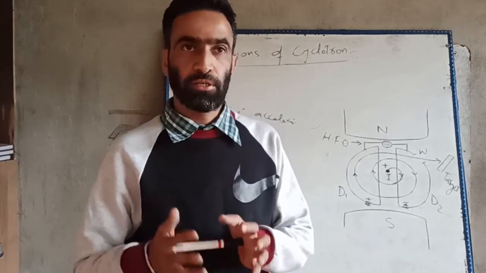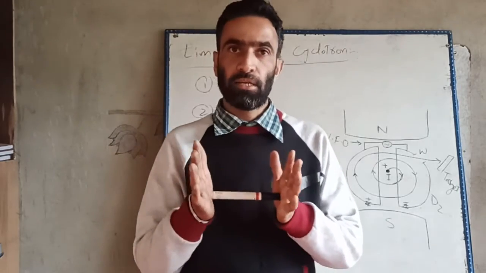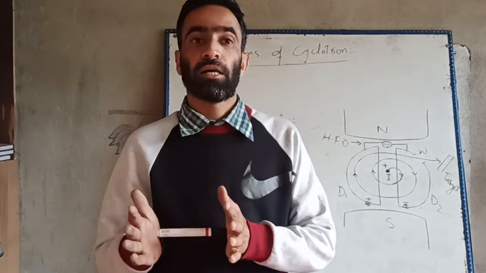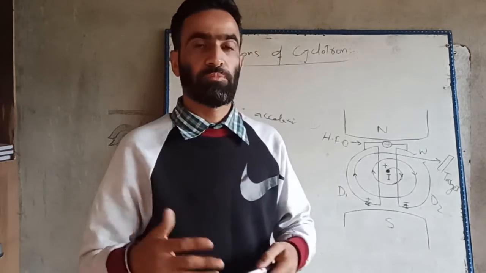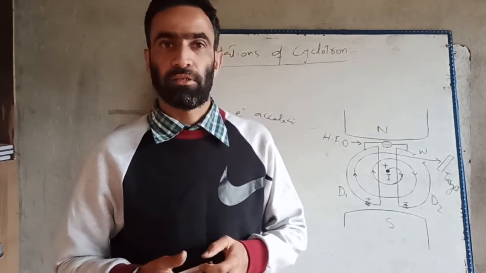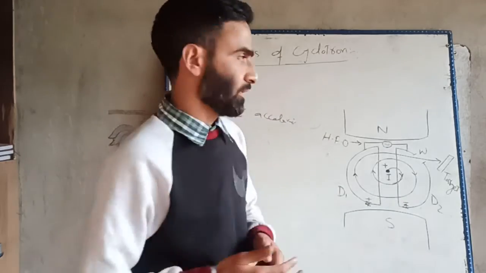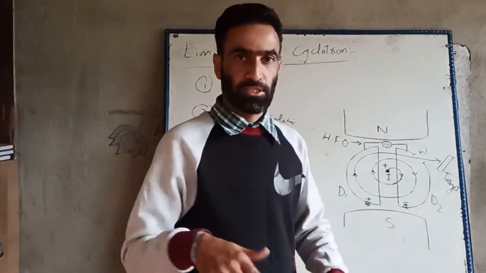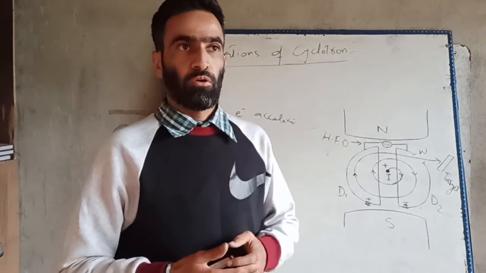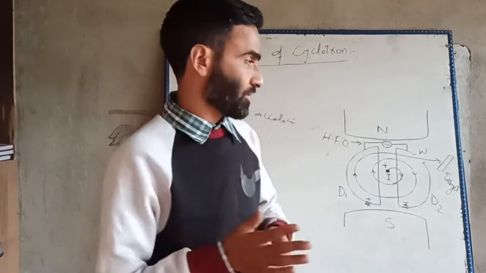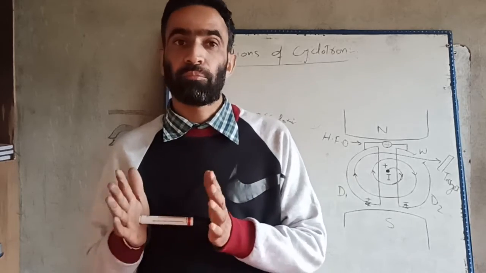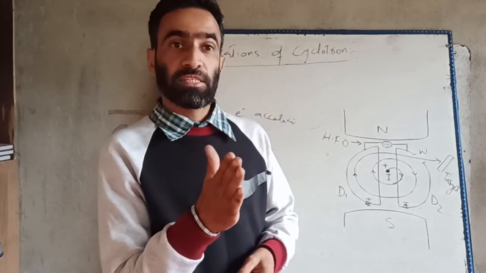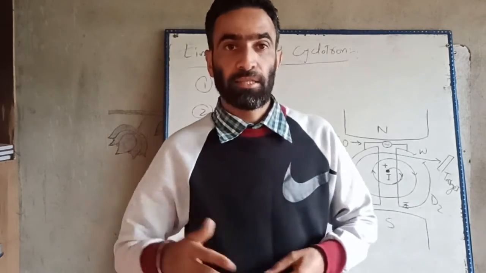So let me repeat: a particle that reaches a speed comparable to the speed of light will face problems in covering the given distance in the given time. So the limitation of this cyclotron is that it can accelerate particles only with speeds lower than the speed of light.